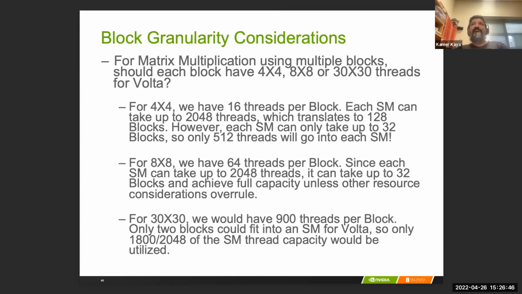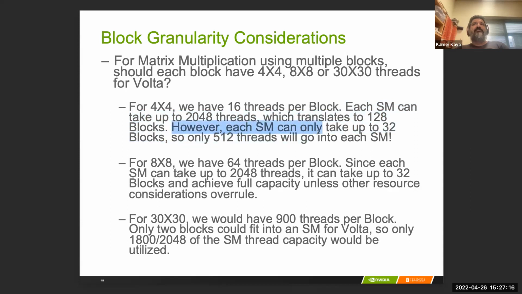You need to know how many threads each SM in a Volta architecture can execute at the same time, at most. If we have 4x4 blocks, we have 16 threads per block. The maximum number of threads per SM is 2048 for Volta, which translates to 128 blocks.